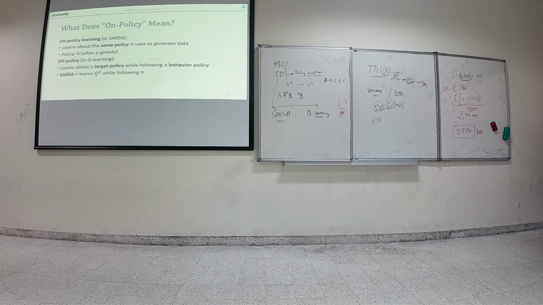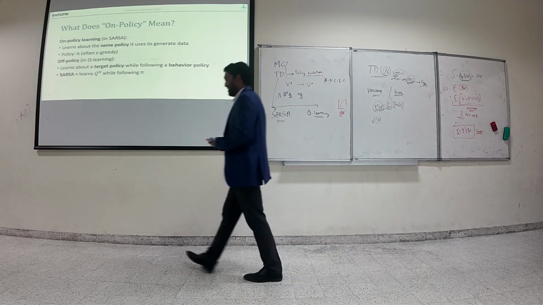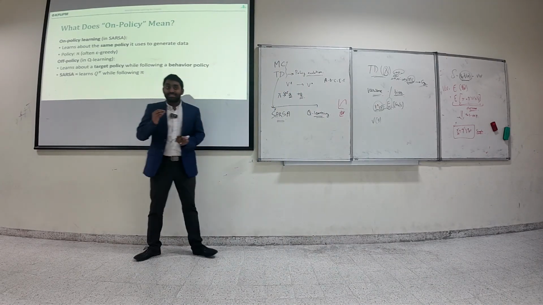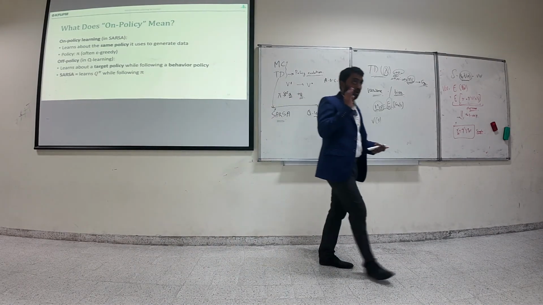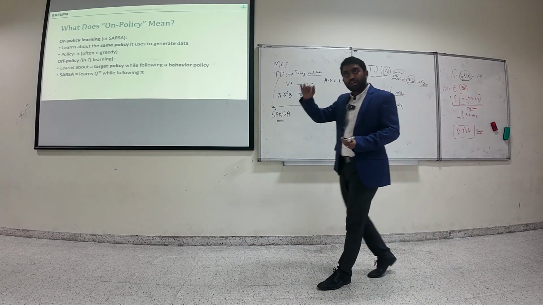On policy and off policy. We spent a bit of time on this in the previous lecture as well, so just to give you a brief overview. On policy is when you're following a given policy and you're improving that same policy.